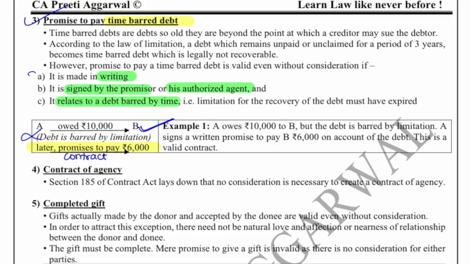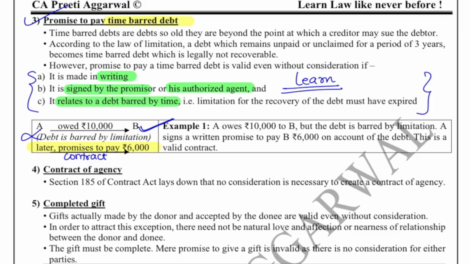So if all these conditions are satisfied, you have to learn this also, then yes, contract is valid even if there is consideration for just one party. What are the conditions? It must be in writing, it must be signed by the promisor or his agent, and the payment relates to a time-barred debt.